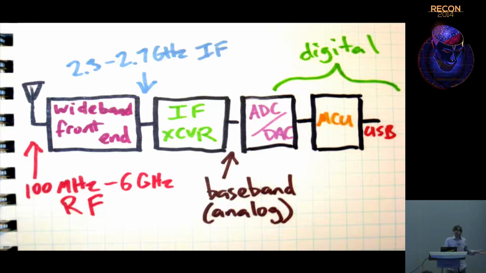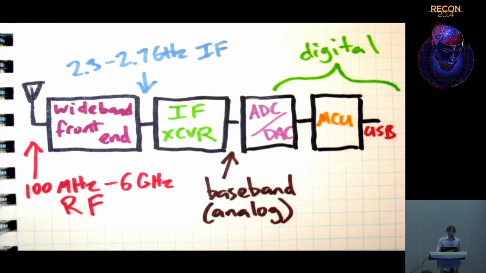And there's the RF frequency over a wide range up to 6 gigahertz. So there are two different frequency conversions that happen. Then there's an ADC and DAC, an analog to digital converter and digital to analog converter, all on one chip. From there on, the digitized signal is passed back and forth over USB to a host computer.